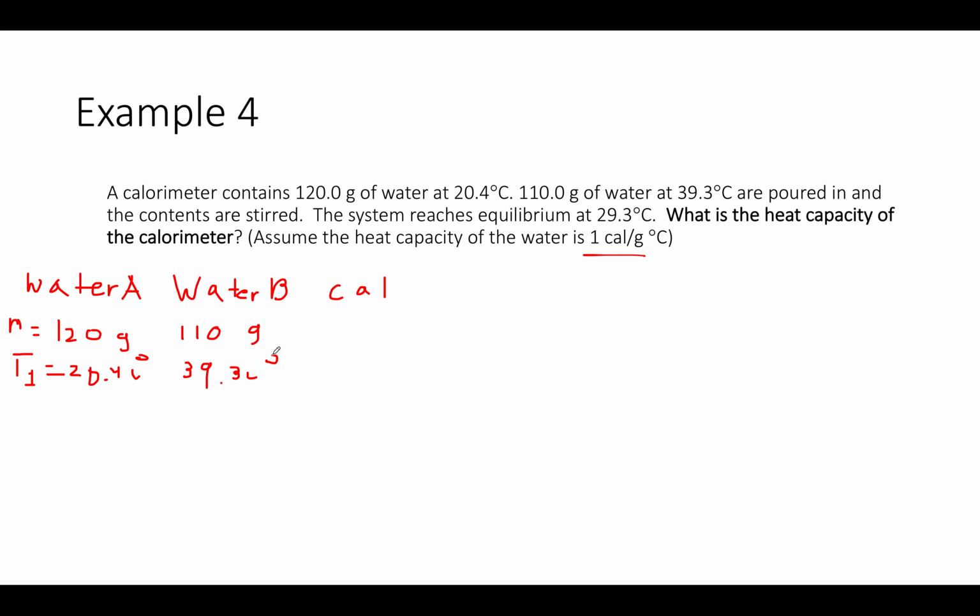Initial temperature of the calorimeter, well, that would be the water that's in the calorimeter initially, so that's water A, 20.4 degrees centigrade. Final temperature of everything, system reaches equilibrium at 39.3 degrees centigrade. Sorry, that should be 29.3 degrees centigrade.